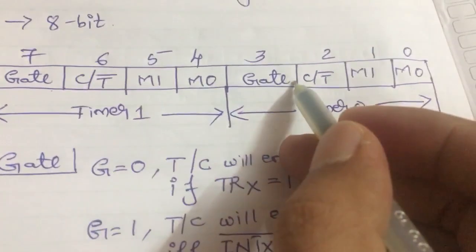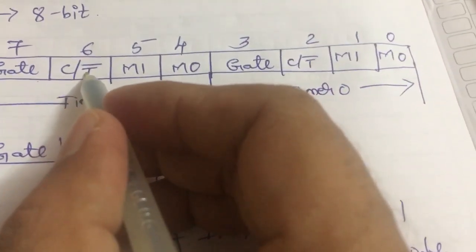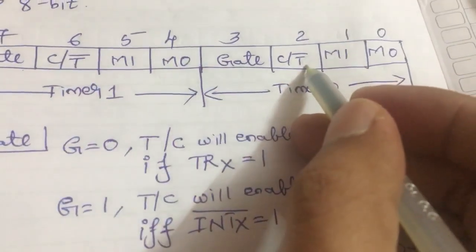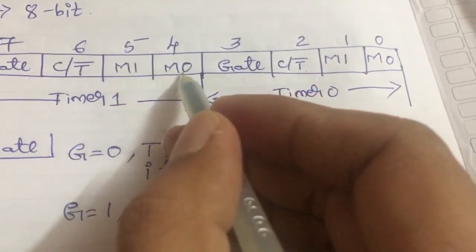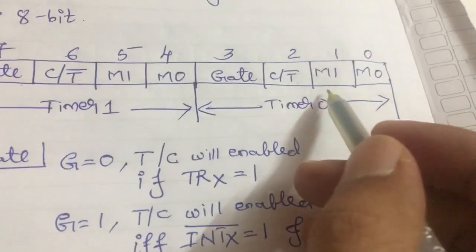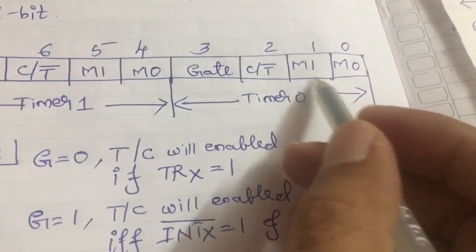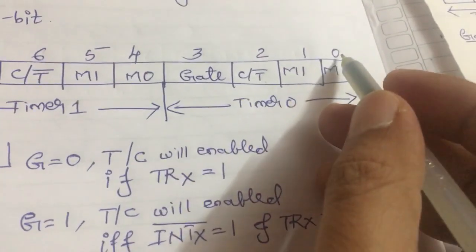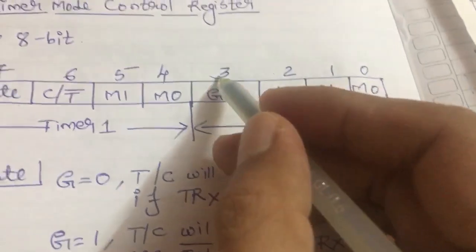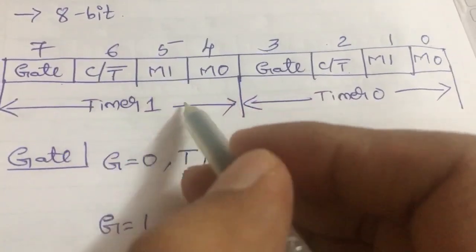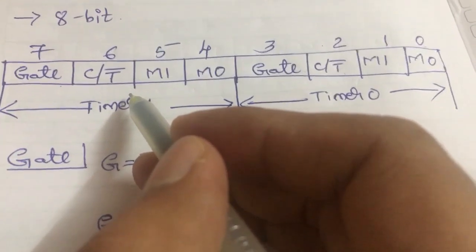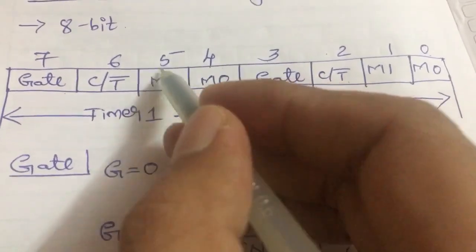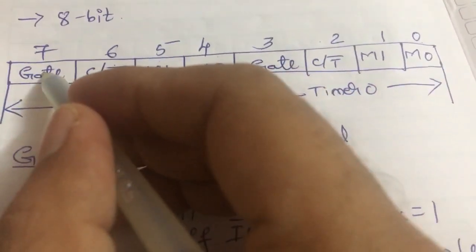So this GATE is nothing but this GATE, this C/T bar is nothing but this C/T bar, and this M1 M0 is nothing but this M1 M0. If we are working with timer 0, we have to concentrate only on bits 0, 1, 2, 3. And if we are working with timer 1, we need to concentrate only on bits 4, 5, 6, 7.